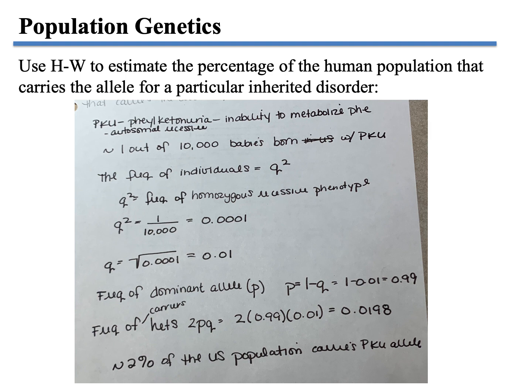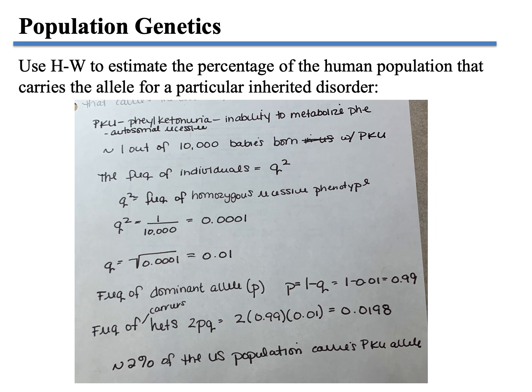So given that information, what we know is the frequency of individuals that are homozygous recessive. Because this is an autosomal recessive disorder, we know that individuals that will have the disorder have to have the genotype being homozygous recessive. And using our formula, we know that the frequency of individuals that is homozygous recessive is equal to q squared.